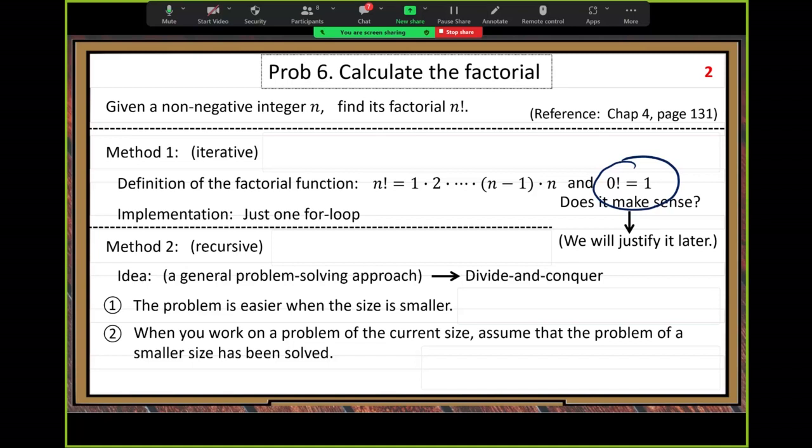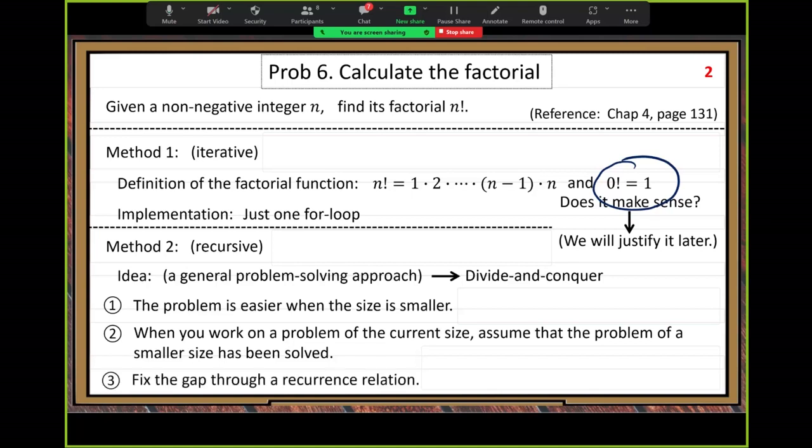We already solved an easier version of the original problem. Then, next step, we just bridge the gap. Between the smaller size and the original size, there is a gap. So we want to find a way to bridge that gap. That's the second step.